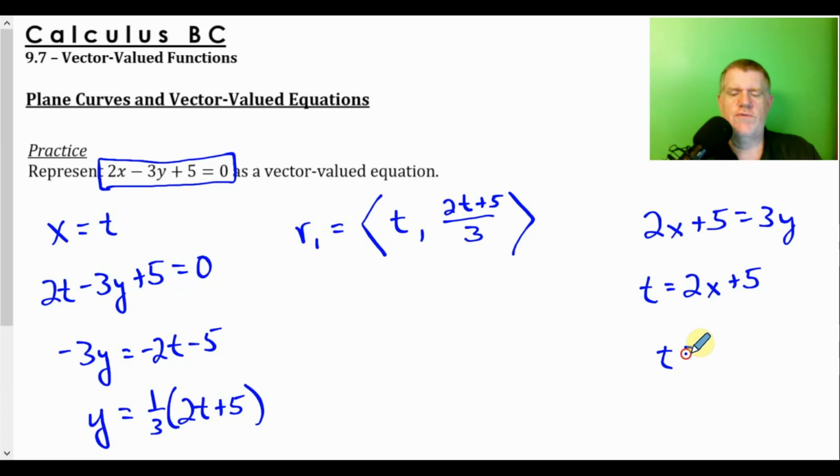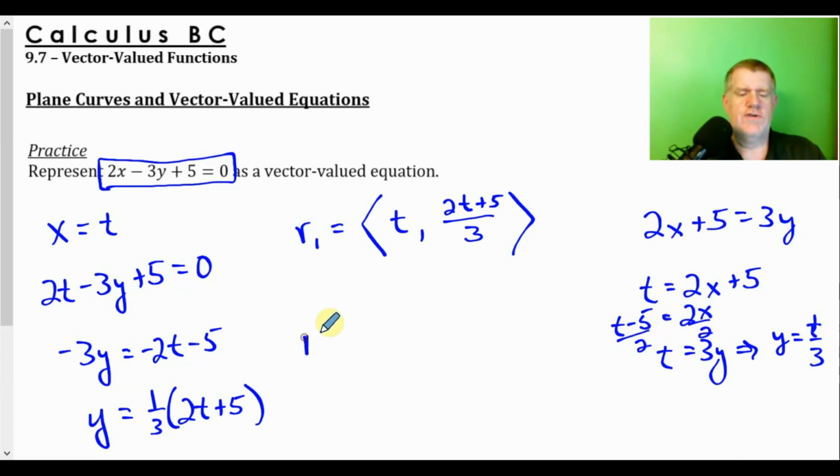T equals 3y. So if I solve this equation, I get y equals t over 3. And if I solve this equation for x, let's see, I get t minus 5. So it would be t minus 5 over 2.